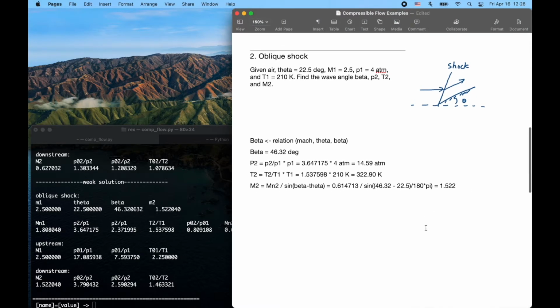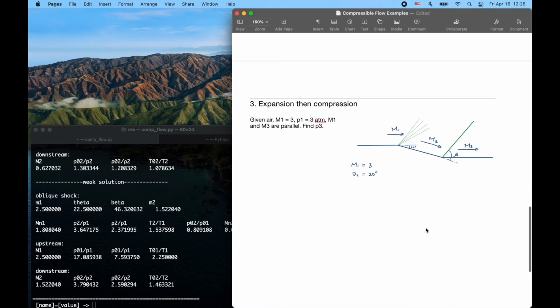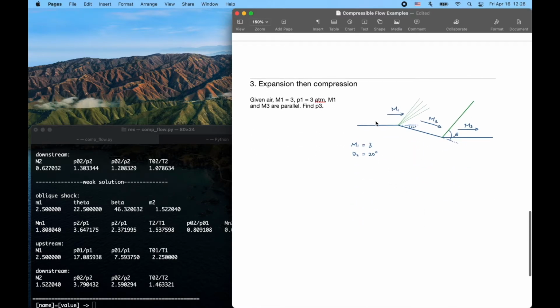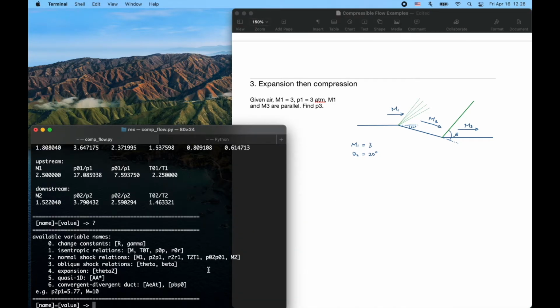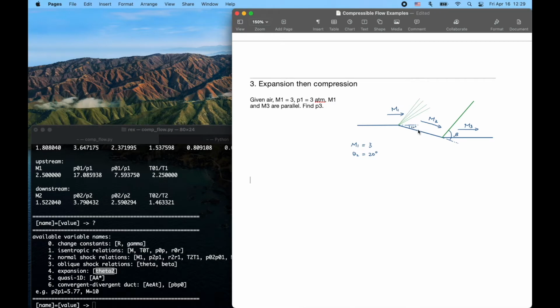Let's move on to the third question. There are expansion waves followed by compression. For the expansion waves, we want theta 2, and theta 2 is 20 degrees.